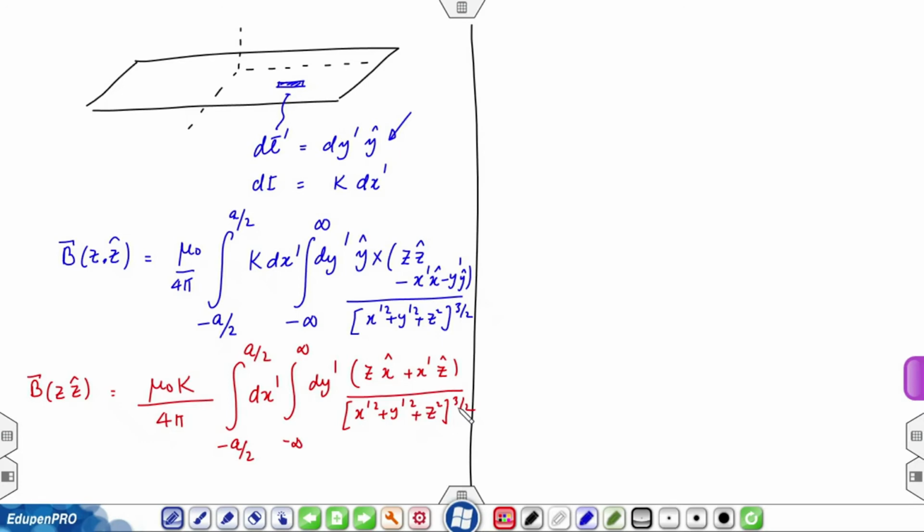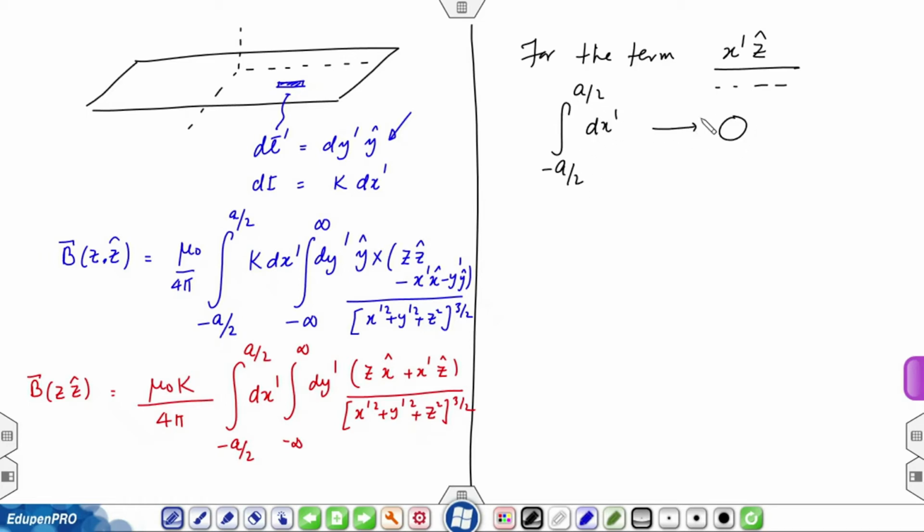Now, for the second term, x prime z divided by whatever, the integration minus a by 2 to a by 2 dx prime will give 0, because this is an odd integrand.